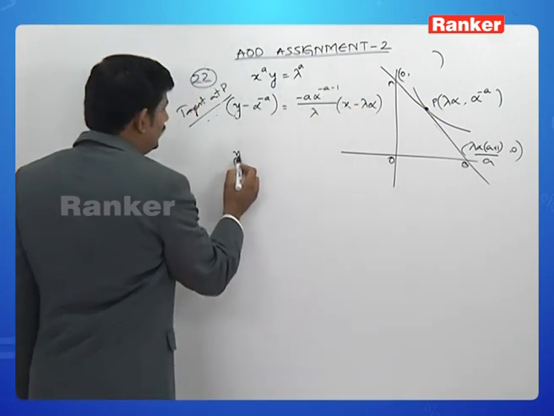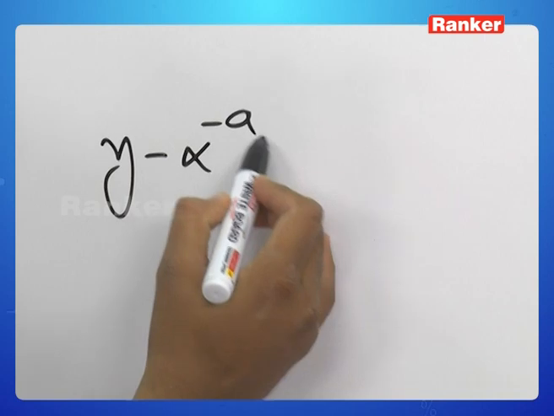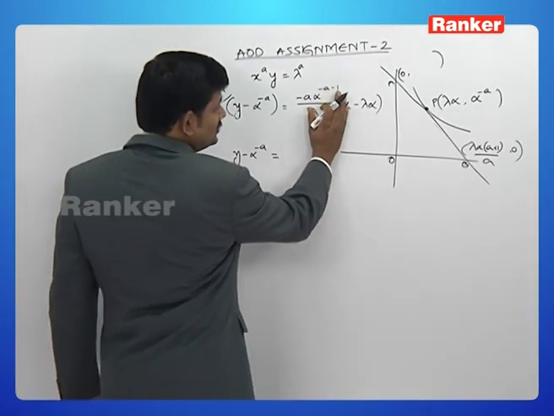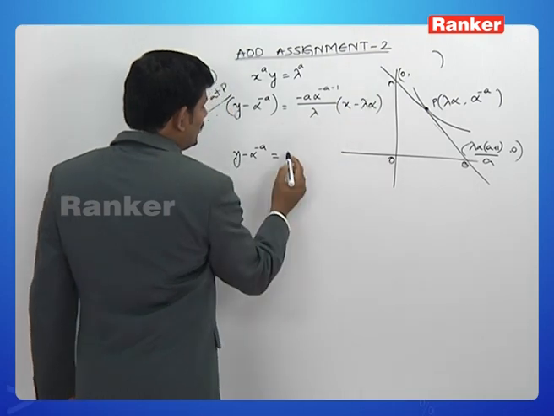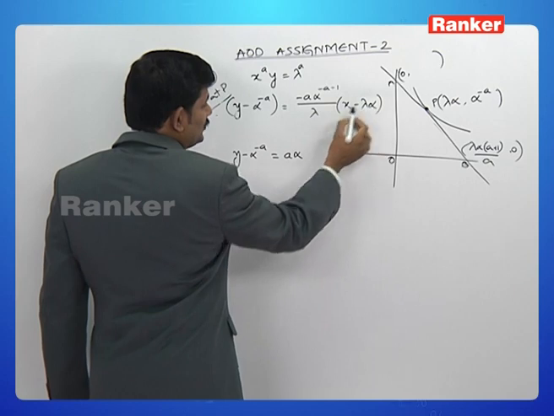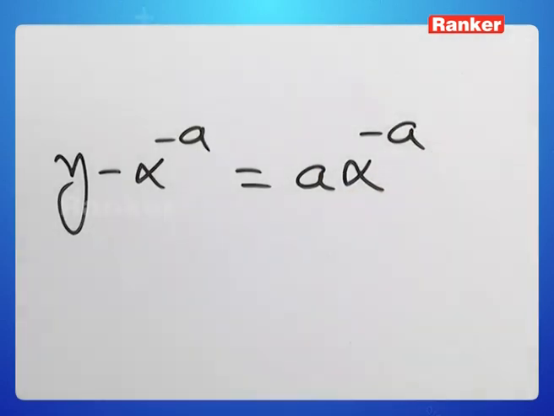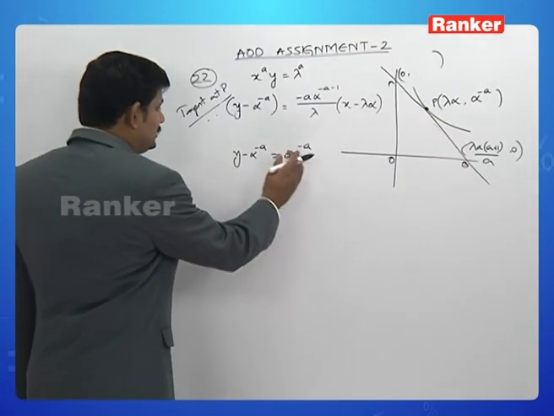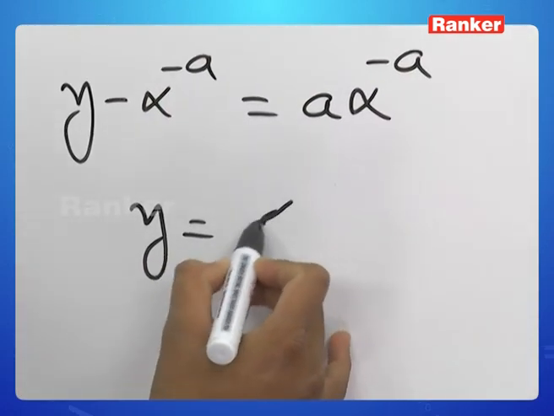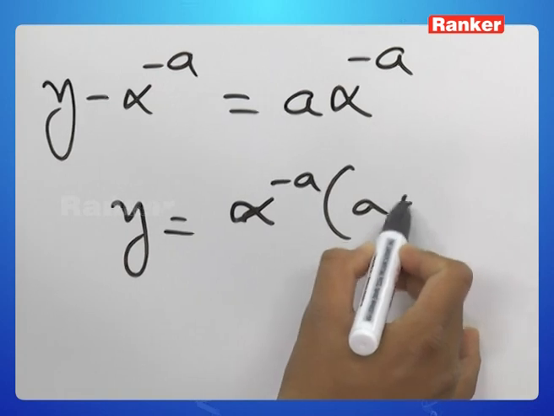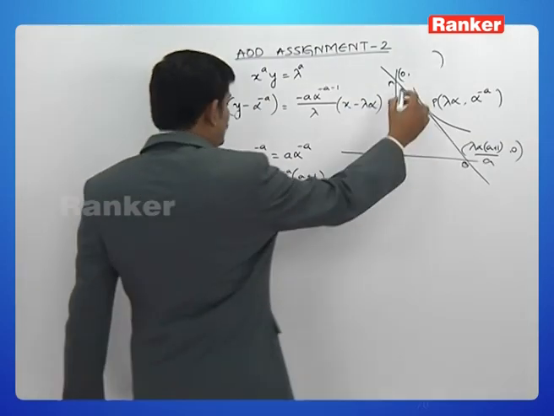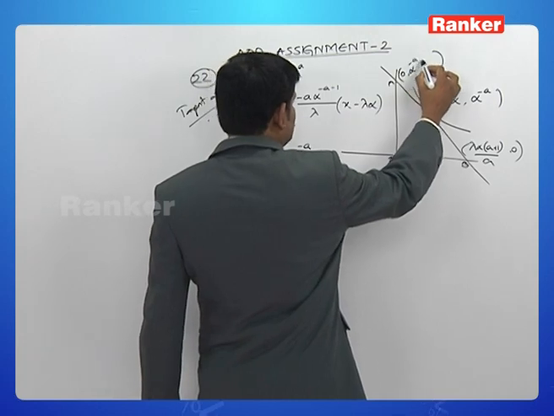So we have y minus α^(-a) equal to a α^(-a). Taking α^(-a) common, y is equal to α^(-a)(a+1). So the y coordinate at this point is α^(-a)(1+a).